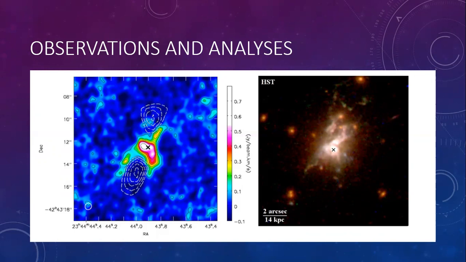Clearly shown in the intensity map of carbon monoxide, the X-ray cavities, quote unquote, block the molecular clouds' way of entering the region. As you can see on this screen, there's no detected carbon monoxide in the dashed region.